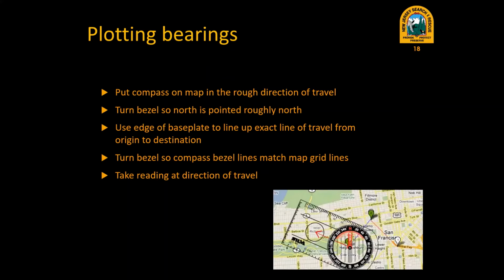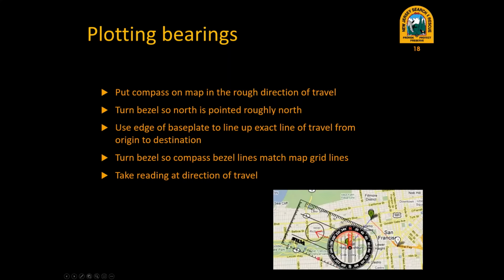One of the other things that you'll need to be able to demonstrate in the field is your ability to plot azimuths or bearings on a map. In order to do this, you put your compass on your map, oriented in roughly the direction of travel that you want to draw a bearing in.